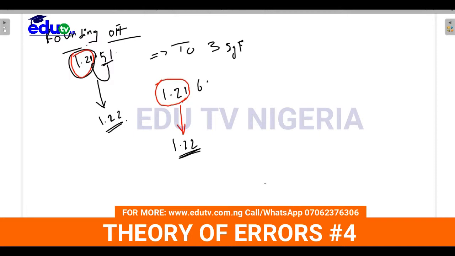Let's see, we have 6, 4, 5, 3. We start from here. 3 is out. Okay, 5, 4. 4 is even. So 5 cannot add 1 to this. So 5 is out. 4 cannot be rounded off, so 4 is out also. Well, 6 adds 1 to this. So you have 1.22 also.